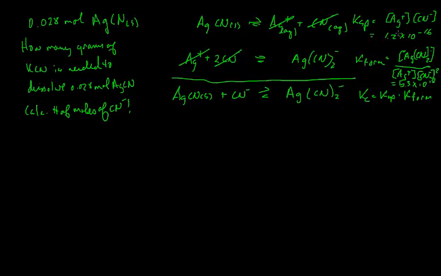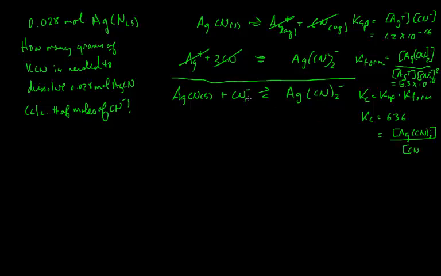So if I multiply 1.2 times 10 to the minus 16th times 5.3 times 10 to the 18th, I get a new value, and that value is equal to 636. And that's going to be equal to the concentration of silver cyanide complex, AgCN2-, divided by the concentration of CN-.